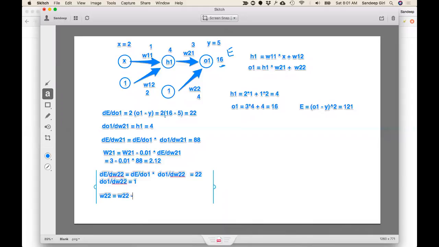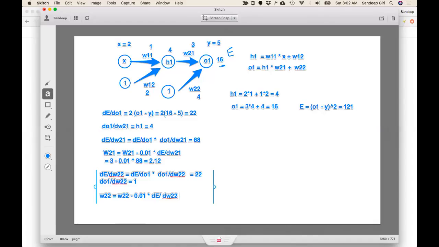W22 minus the same eta, we are keeping the same fixed rate, multiplied by the rate of change of error with respect to W22. Okay, how much is that?